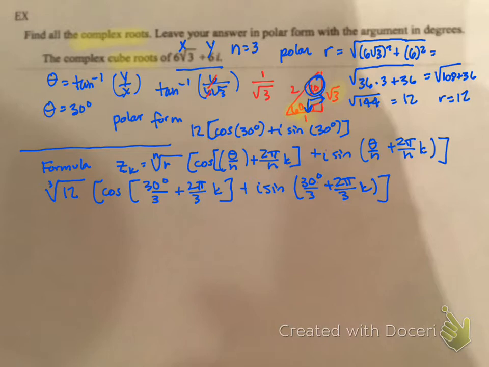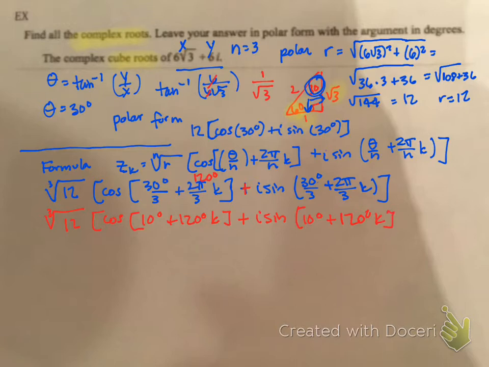Okay. 2 pi over 3, remember, once again, that's 120 degrees. So the general formula is going to be the cube root of 12 cosine of 10 degrees plus 120k plus i sine of 10 degrees plus 120k.